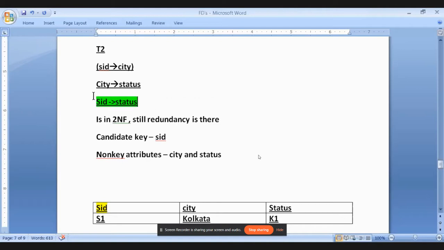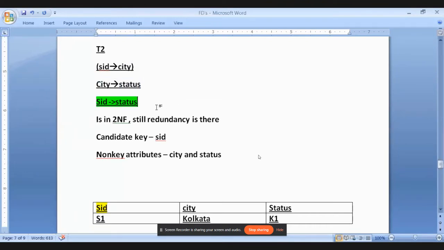Such an FD will be got only when there is a given dependency where a non-key is on the left hand side and a non-key is on the right hand side.